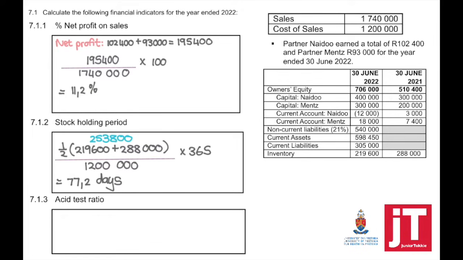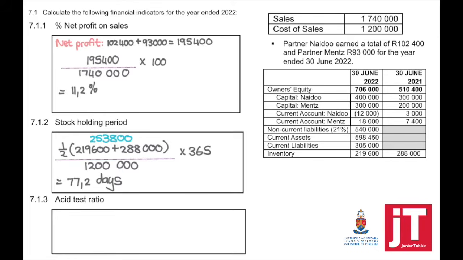Asset test ratio. To calculate the asset test ratio, you've got two options. It's either your current assets minus inventories divided by your current liabilities, or you're going to take your trade and other receivables plus your cash and cash equivalents divided by your current liabilities.